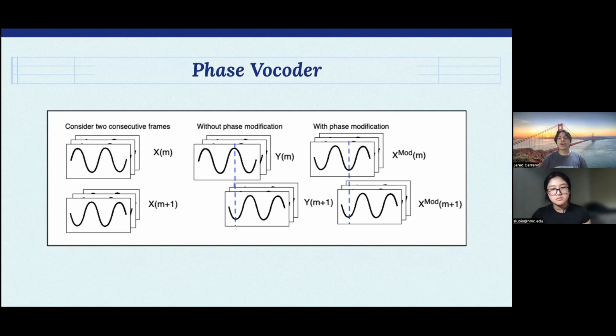But if we do successfully modify the phase and account for any phase changes, then we can see on the far right of the diagram that adding two different frames will actually constructively interfere, which will produce a clean time stretched signal. It's important to note that the phase vocoder works best with harmonic signals since it maintains phase continuity across different frames as opposed to different frequency bands.